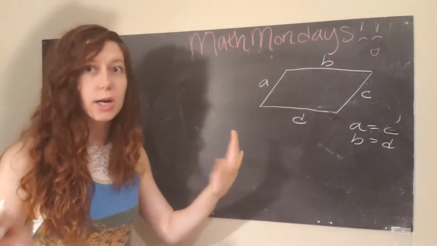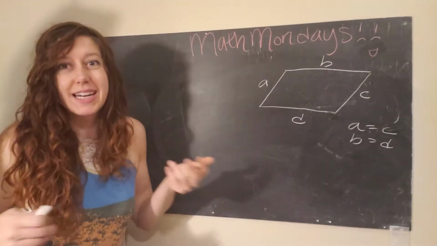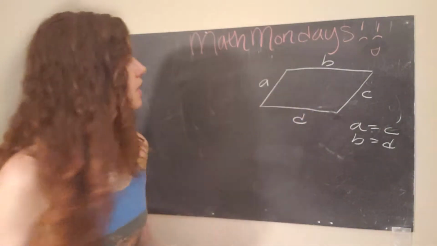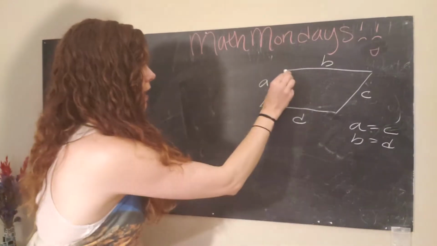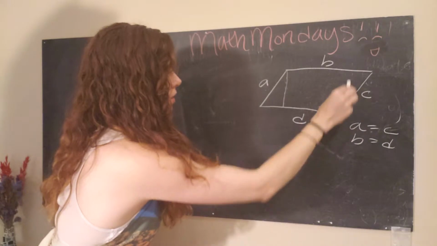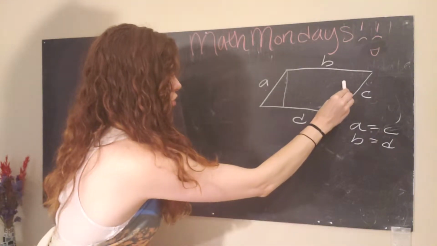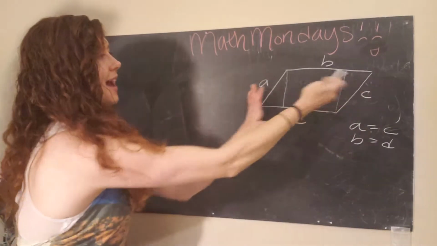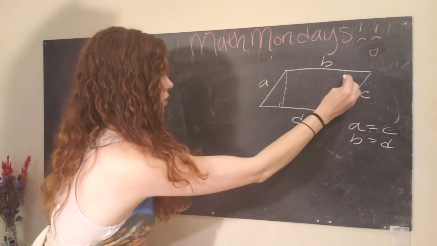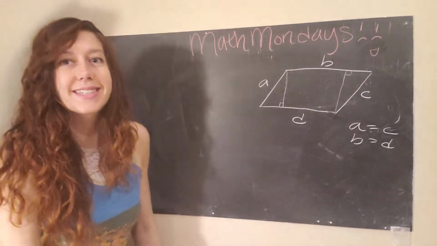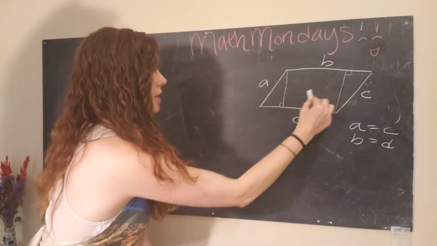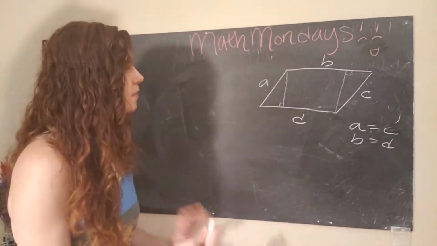Okay, so area is just counting. Pretty rad, right? So the first thing that I notice with a parallelogram is that I can divide it into shapes that allow me to count and add up those different shapes. I can create two right triangles inside of this parallelogram, and that also gives me a nice rectangle on the inside.